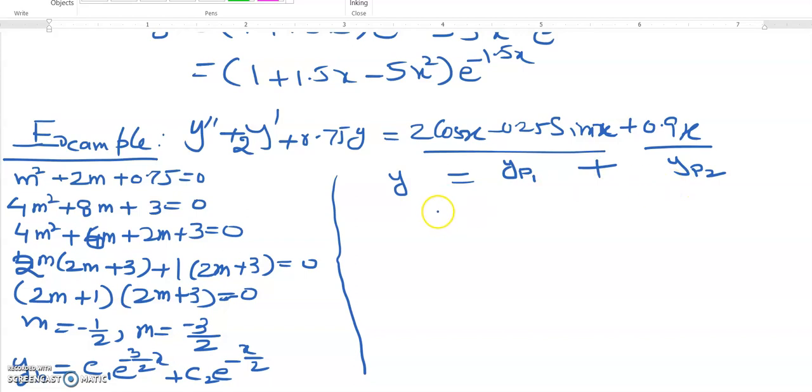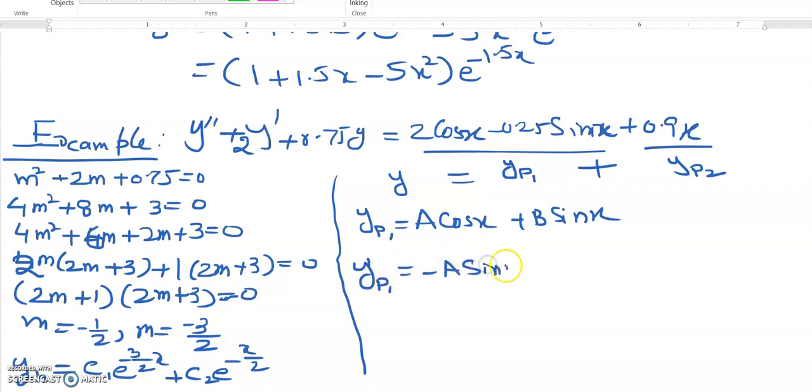For yp1, this is a trigonometric function, so we will assume the solution is a cosine of x plus b sine of x. To find the undetermined coefficients a and b, we will need to differentiate: minus a sine of x plus b cosine of x.